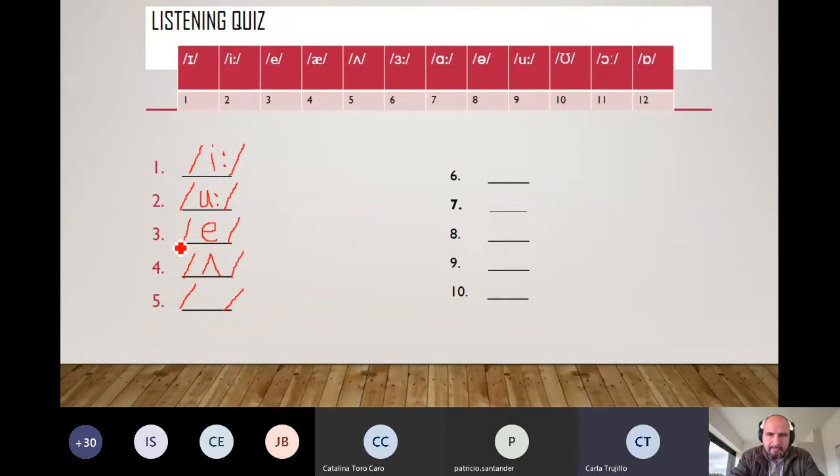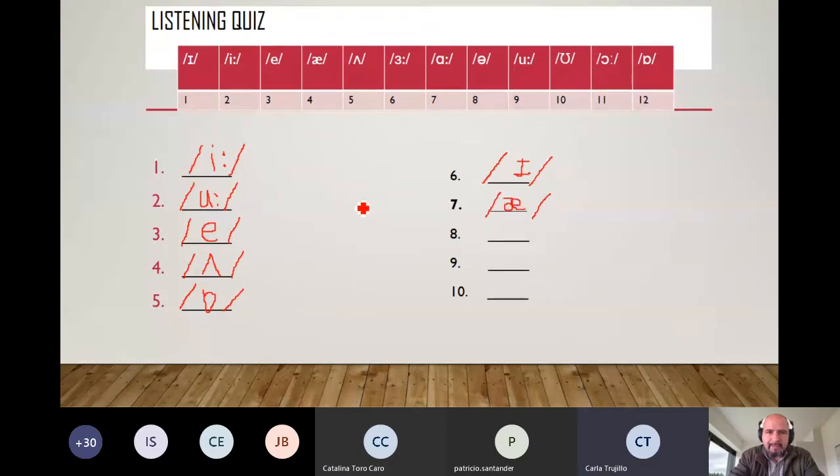12. Exactly. Bok. Short O. Next one. 1. Exactly. Short I sound. Next one. 4, 7. Bang is the trap.